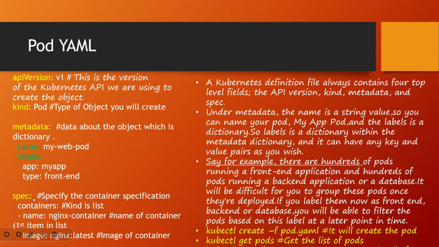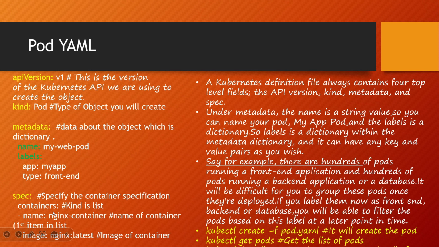Now, the next is the spec section. In the spec section, you are going to specify all the details about the image through which your container is going to be created. Again, inside the spec, you have the mandatory field called containers. Containers is of type list, right? Because you can have multiple containers inside a single pod.